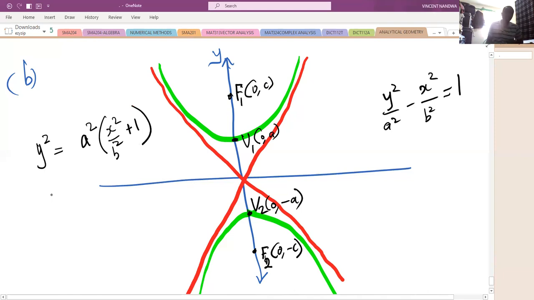And so y squared is the same as, this can be written as a squared over b squared x squared into 1 plus b squared over x squared.